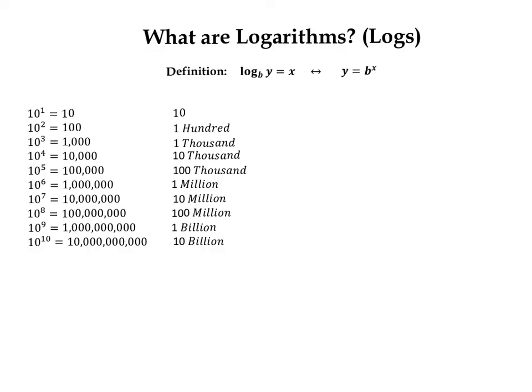So, what are logs or logarithms? Here is the definition of what a logarithm is. This is a connection between a logarithmic function and an exponential function. Here we have it in log form, and here we have it in exponential form. We'll talk more in a little bit about how they're inverses of each other, but you basically take the log of a function so that you can deal with a number or a large set of numbers that are vastly different from each other.